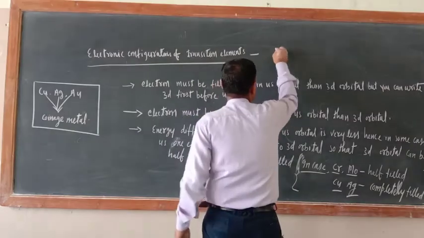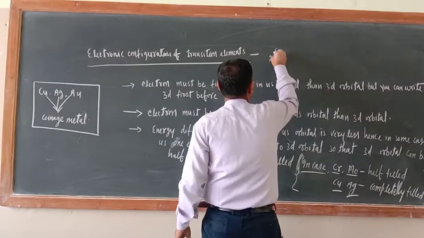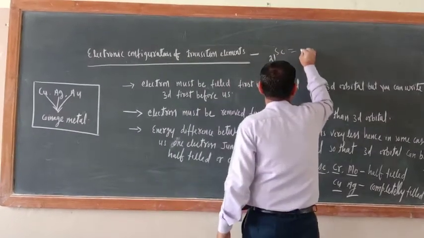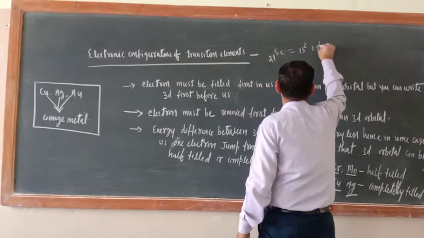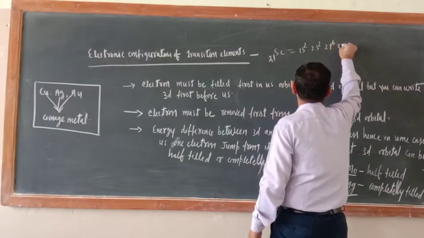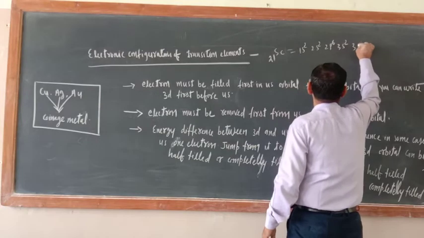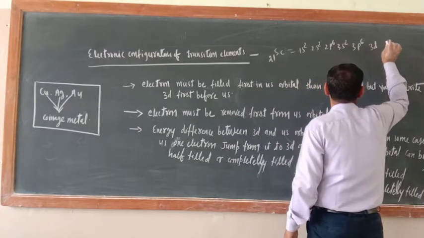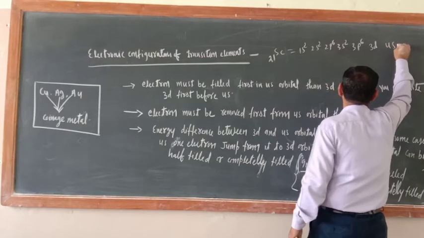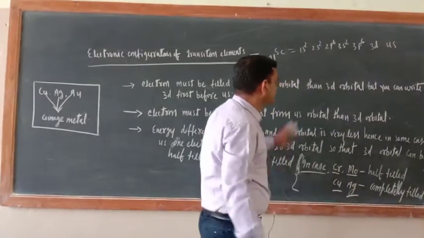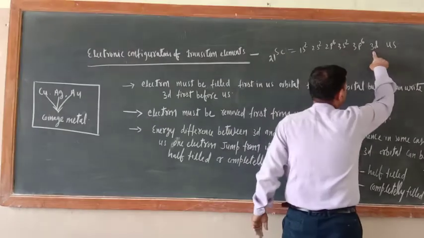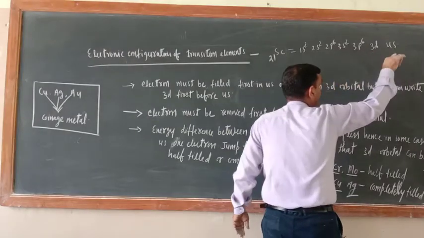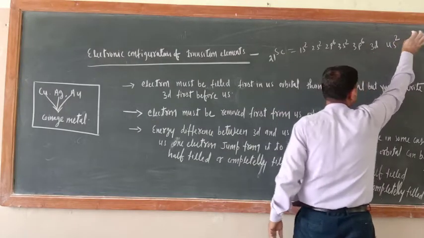See, scandium, this is the first transition element. First 1s2, 2s2, 2p6, 3s2, 3p6, then what is there? Just see, 3d and 4s. You can write 3d first and 4s, but 2 electrons you should fill first in 4s.